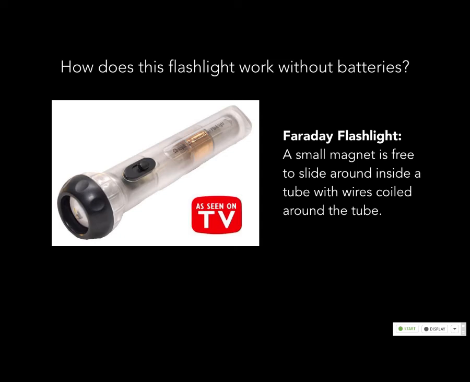We have a little magnet that slides around inside, and when you shake it, what are you doing? You're changing the magnetic flux by moving the magnet through the coil, which generates a current in the coil, which turns on the light. Once you have current flowing through your little light bulb, now you have light. And you probably want this to be an LED so you don't shake quite so hard to get it going, but it's going to have to be a bi-directional LED.